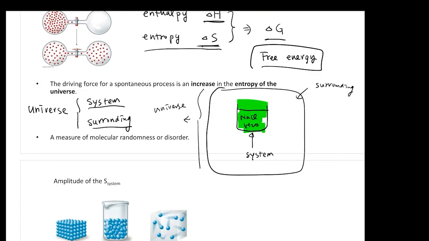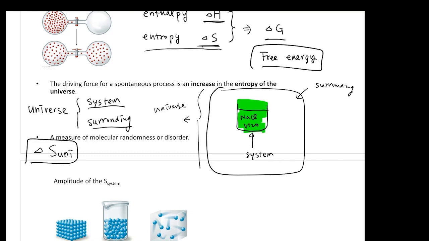What scientists found is that if you can calculate the entropy of your universe, not the entropy of your system, not the entropy of your surrounding, but the entropy of the universe, although we don't know how to calculate that yet, you'll learn how to calculate it later.